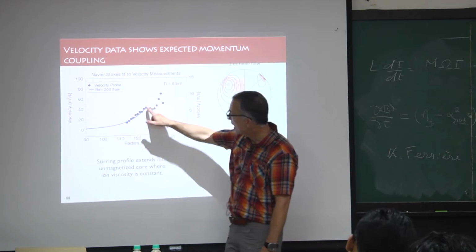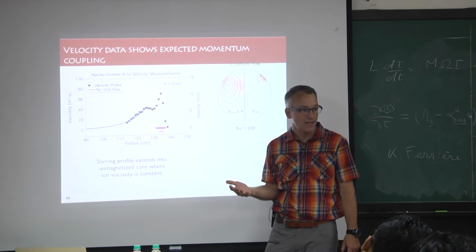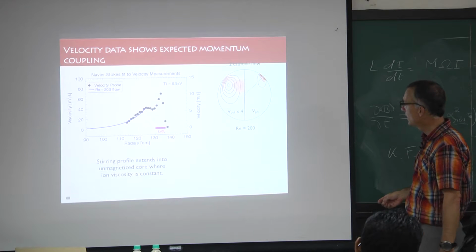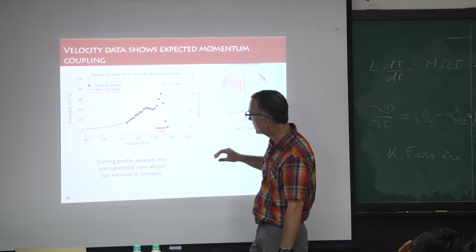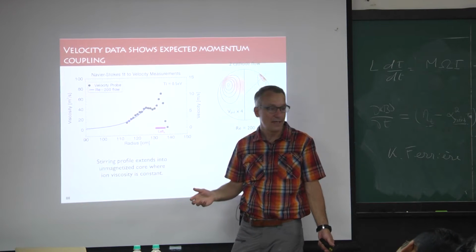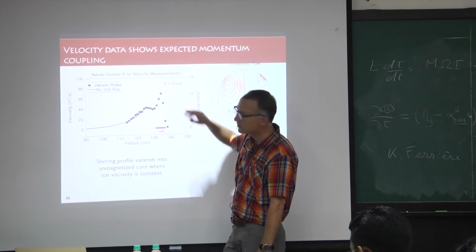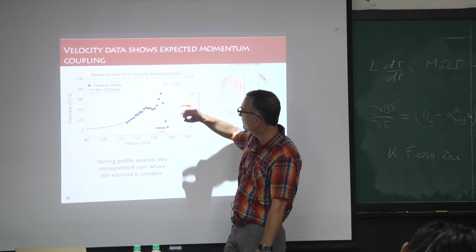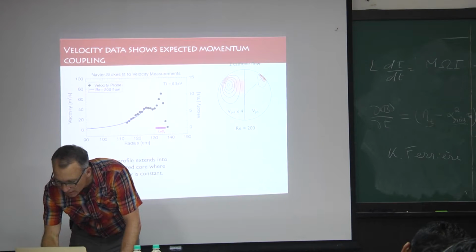So the details of how this fits and how the flow penetrates in depends upon how big the viscosity is. And we find in this case that the flow velocity is roughly consistent with a Reynolds number of 200, which is also consistent with an ion viscosity that has an ion temperature of about half an eV.